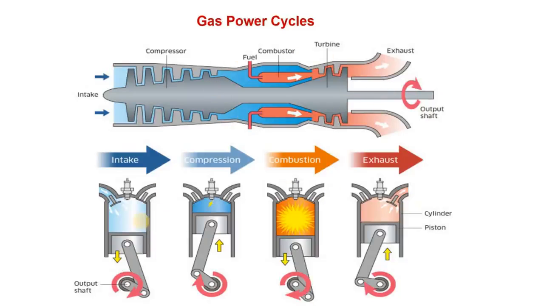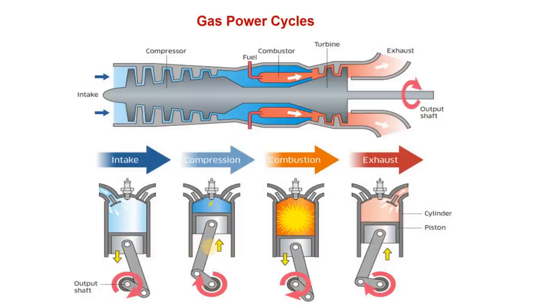Otto cycle and diesel cycle are also gas power cycles, but those consist of reciprocating movement of a piston inside a cylinder, and we have already learned about them in Thermo 1, and currently you are also learning in the Thermo lab about these reciprocating types of gas power cycles.